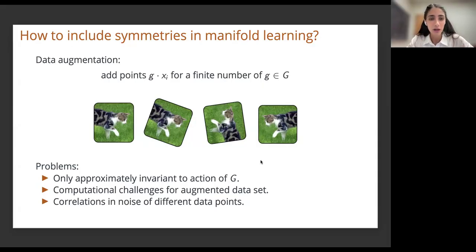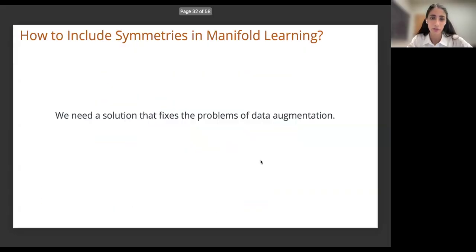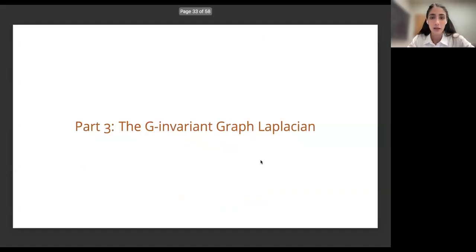And I think maybe the most delicate problem is that we could introduce correlation in the noise of different data points. And we don't want to introduce these correlations. So we need some kind of solution that fixes these problems of data augmentation. And this is where our work comes in.